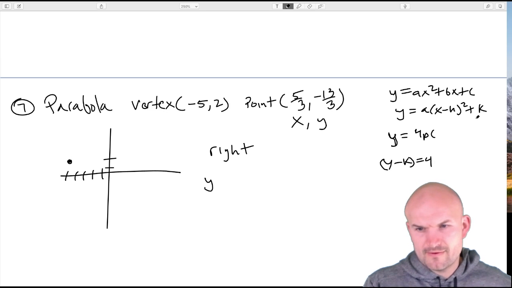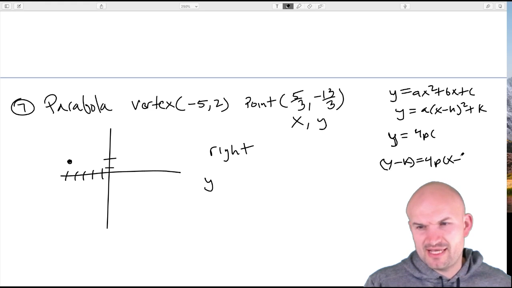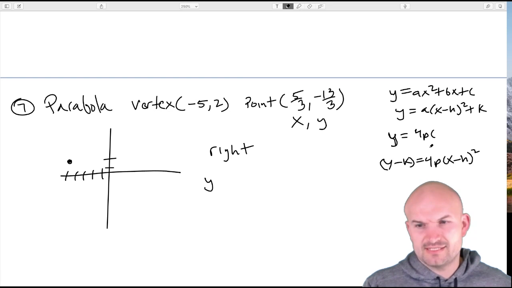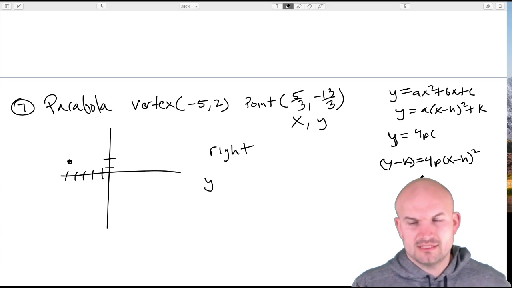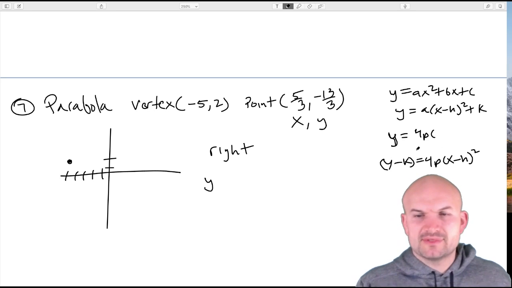I'm trying to go off of my memory here. That is correct. Yes. Okay. So that's going to be our formula.